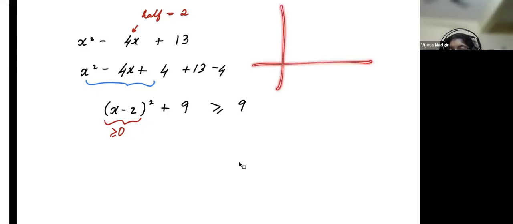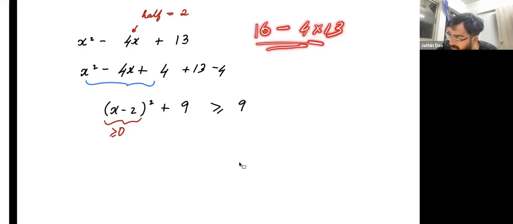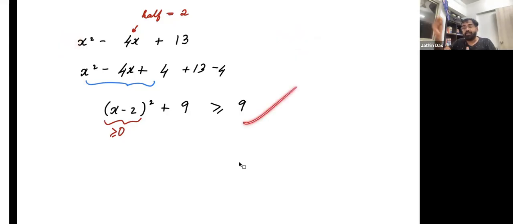So the graph is above the axis. If you see the discriminant also, you can identify. Discriminant is 16 minus 4 into 13, which is negative, and the leading coefficient is positive. So this function is always positive. Correct? It's always greater than or equal to 9, and it equals 9 when the squared term becomes 0, that is when x is equal to 2.